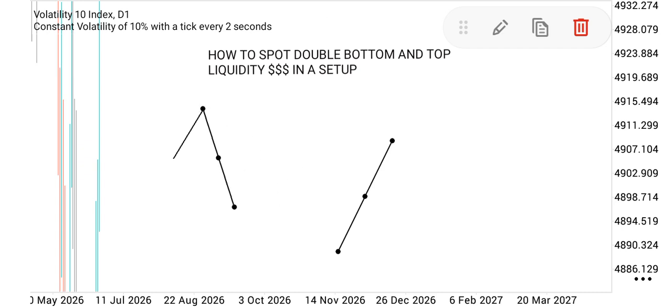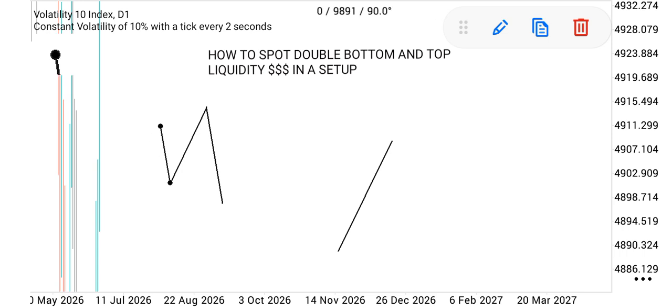We have a break of structure downward. The market is trending downward.